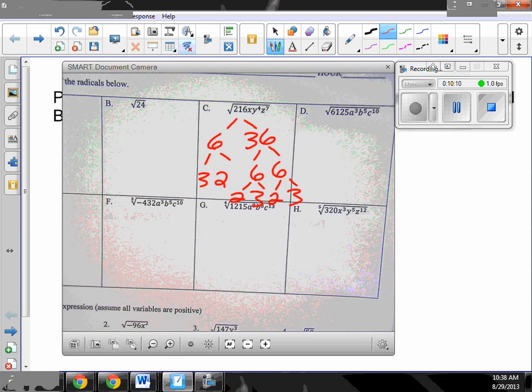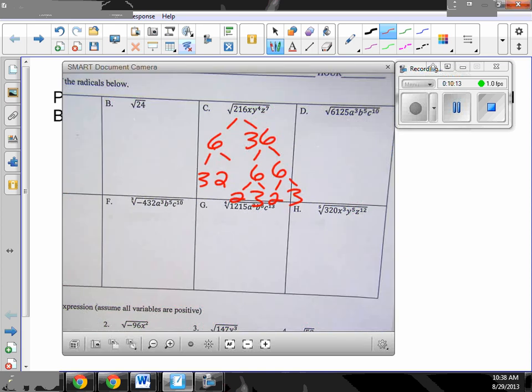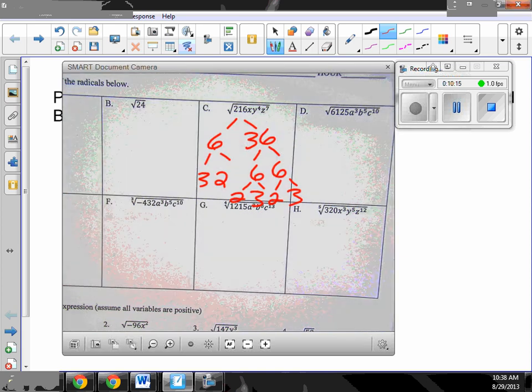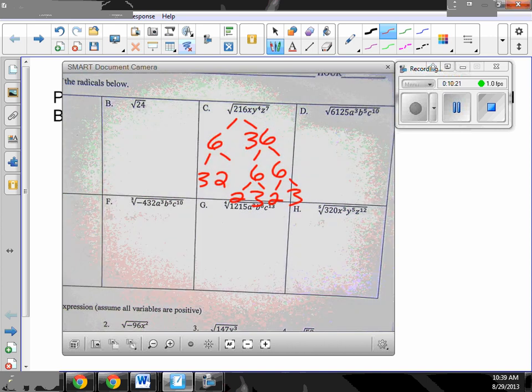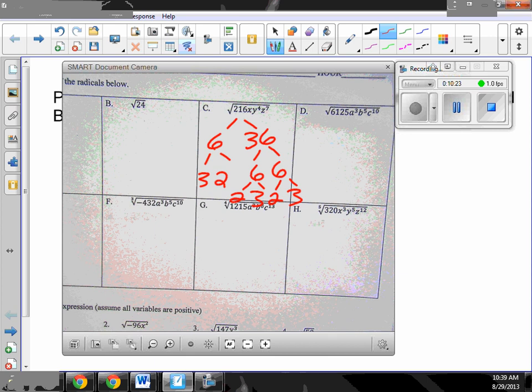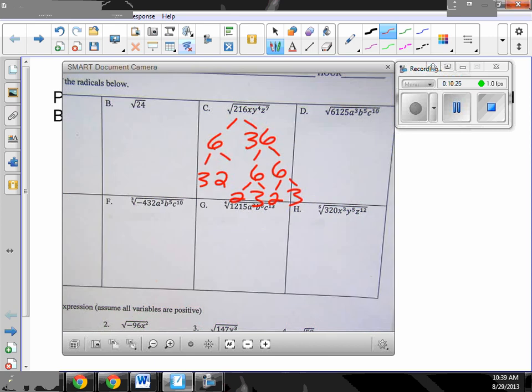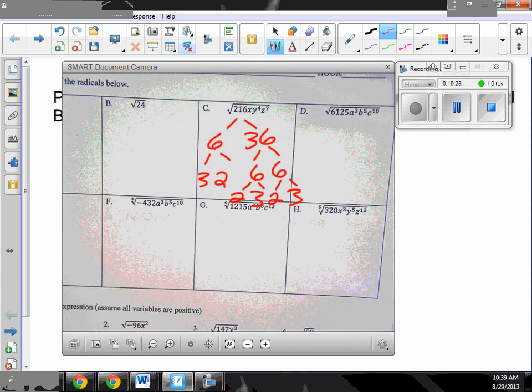Does everybody understand how to run those factor trees? Some people prefer a different method, like the cake method. I can't remember what it's called. Yeah, if you want to do it that way, that's fine. They both work.